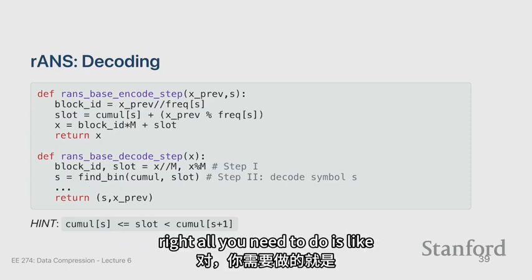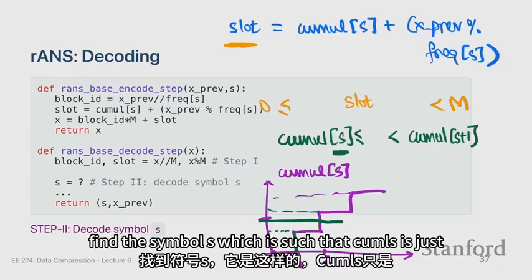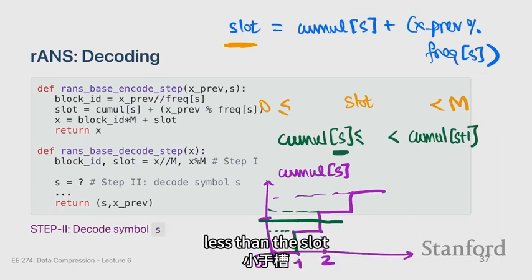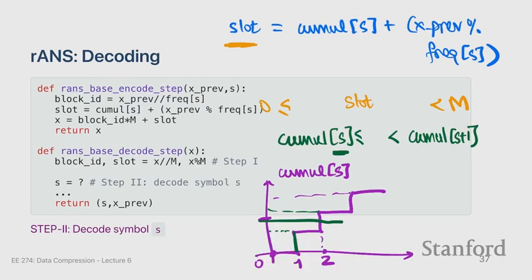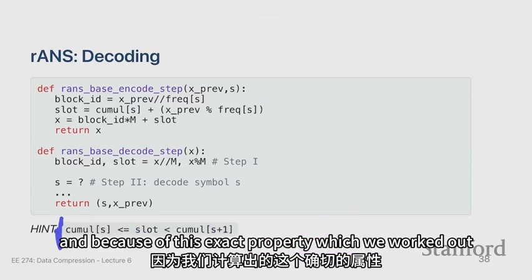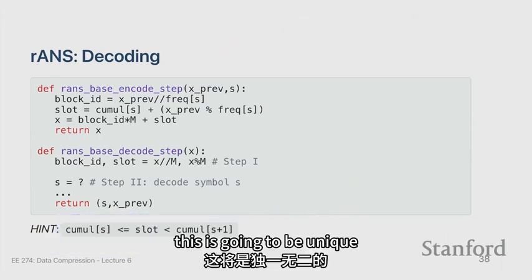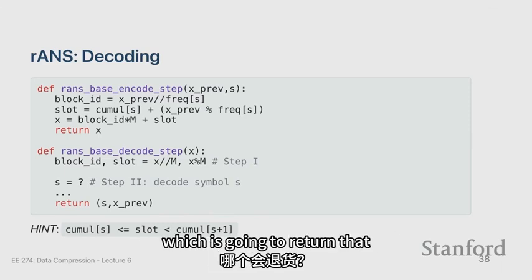A left-biased binary search to find the symbol S such that cumulative of S is just less than or equal to the slot, and cumulative of S plus 1 is greater than that slot. And because of this exact property which we worked out, this is going to be unique. There's only going to be one symbol that returns that.